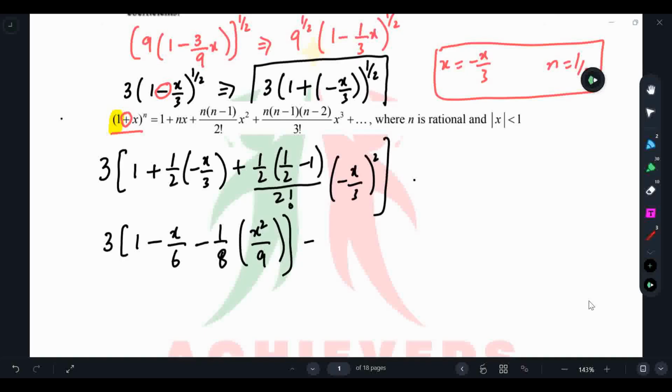Now if we expand it further, this will be 3 into (1 minus x by 6 minus x squared by 72).